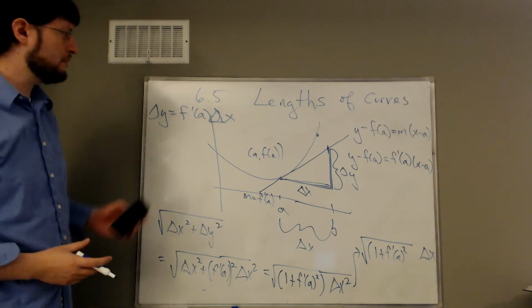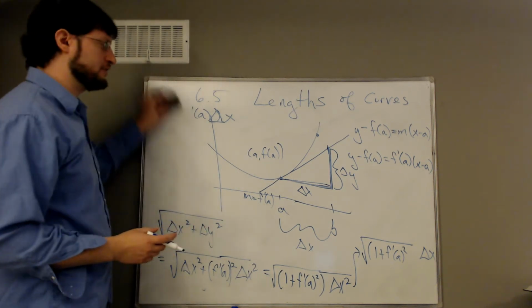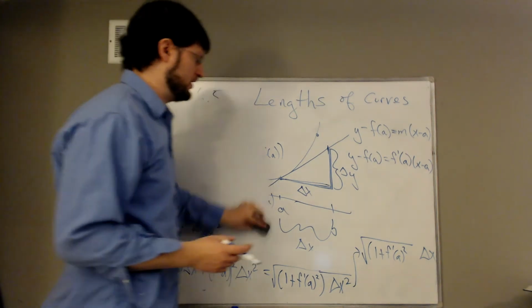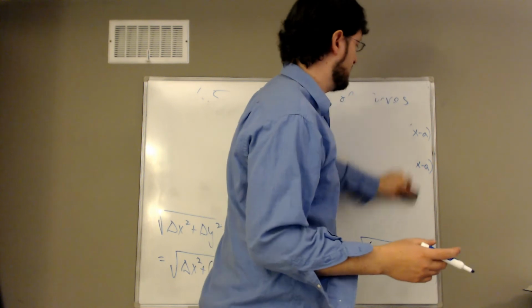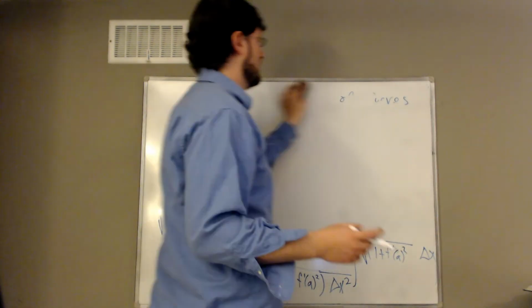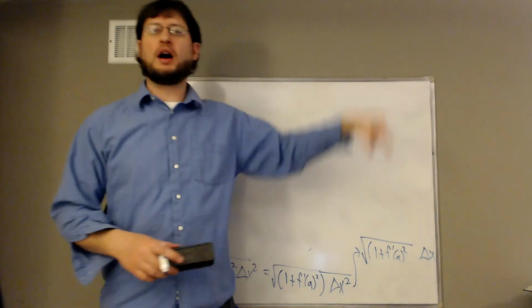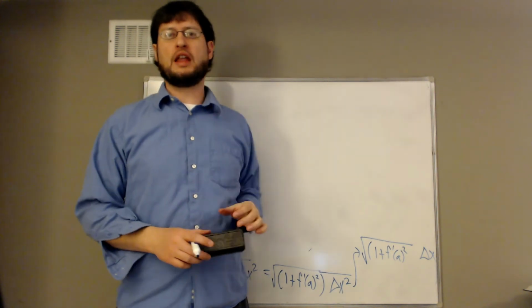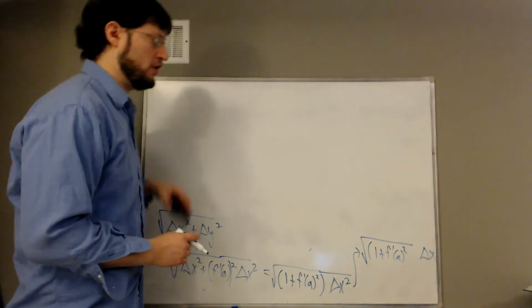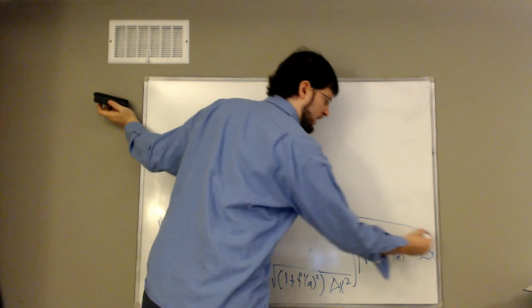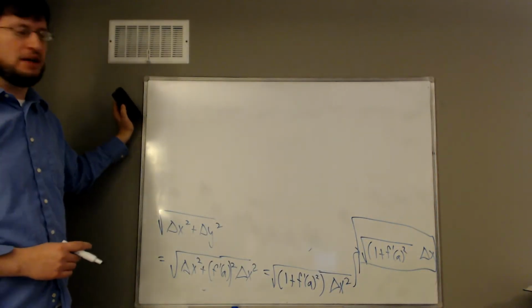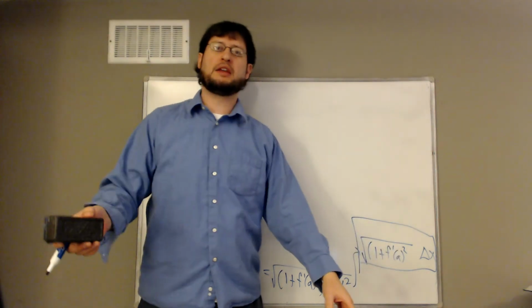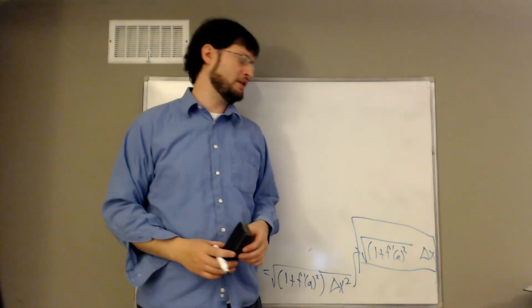All right, now I'm not going to go through all of the details of creating a Riemann sum here, but suppose that we used 2 tangent lines instead, or 10 tangent lines, or we broke it up into 100 different small line segments rather than walking along the curve. Each of those line segments has a length given by that exact same formula, where A no longer is the very beginning, but it's the beginning of the line segment instead.